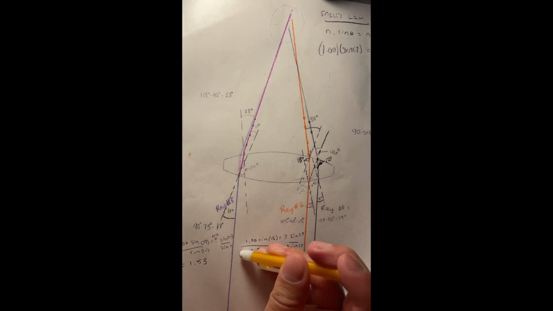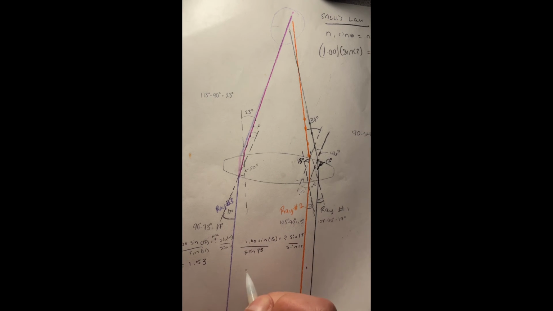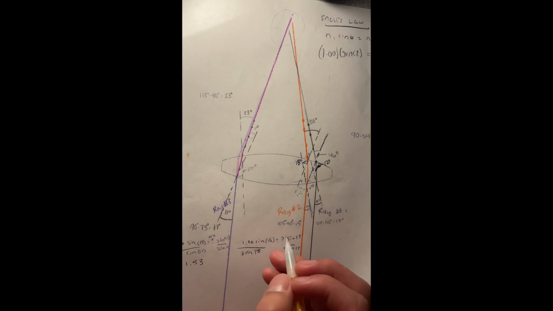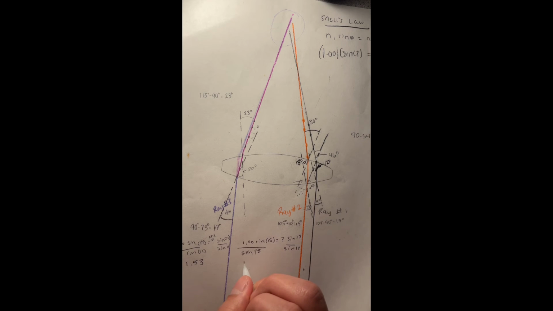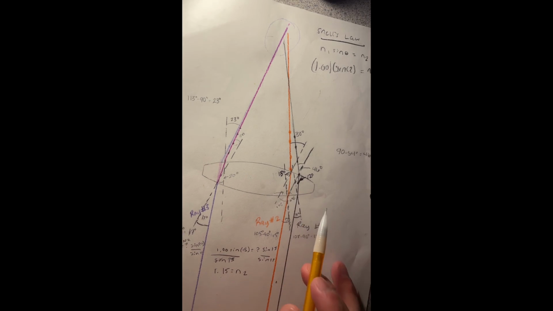That should give us about 1.15 equals n2 for this one. That's a little lower, but that's to be expected when we have measuring discrepancies around here.